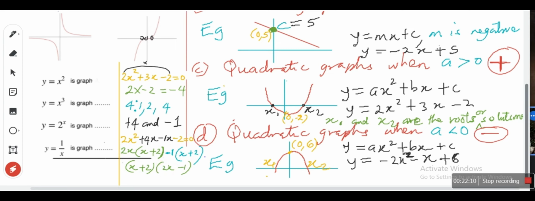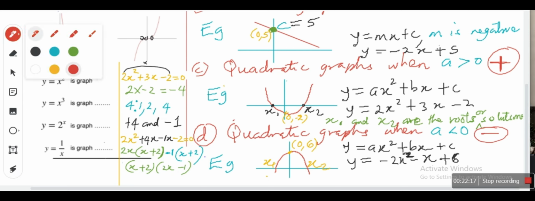Okay, so with this, we can just factorize. x plus 2 equal to 0 means x is equal to minus 2.